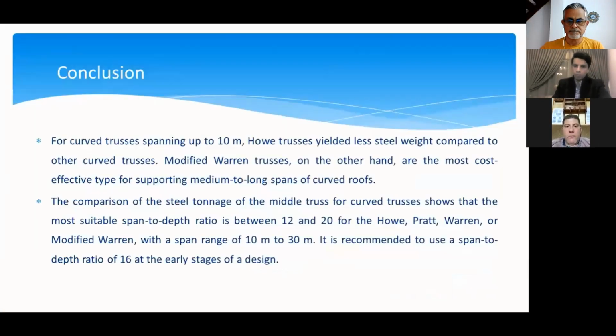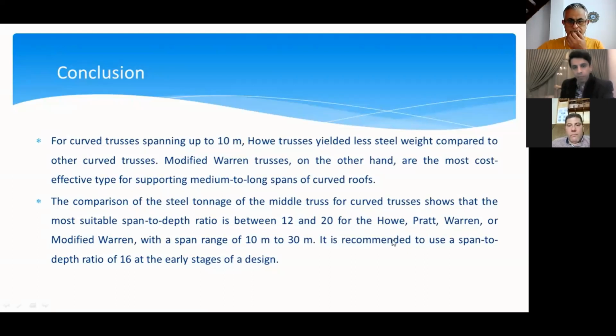Conclusions. In the conclusion, we found that curved Hu trusses spanning up to 10 meters yielded less steel weight compared to other curved trusses. Modified Warren trusses, on the other hand, are the most cost-effective type for supporting medium to long spans of curved roofs.